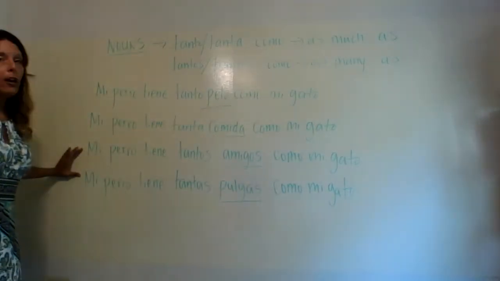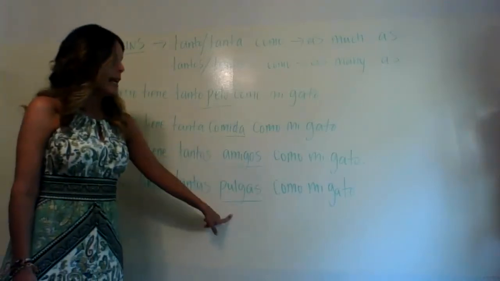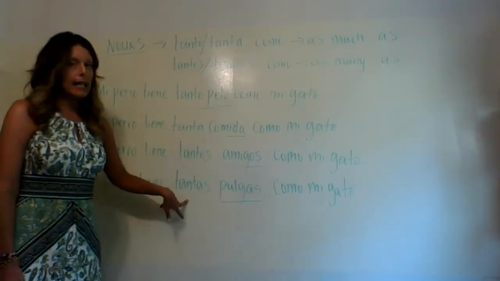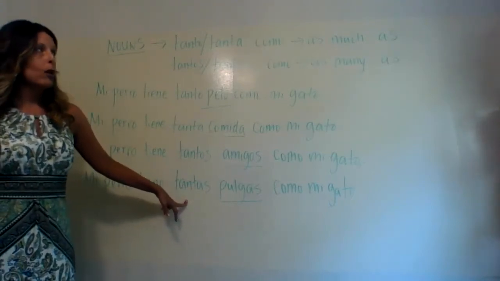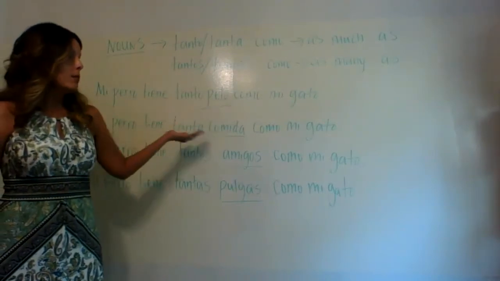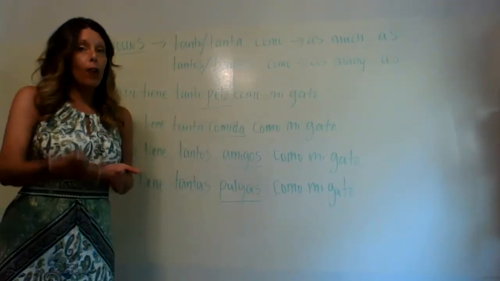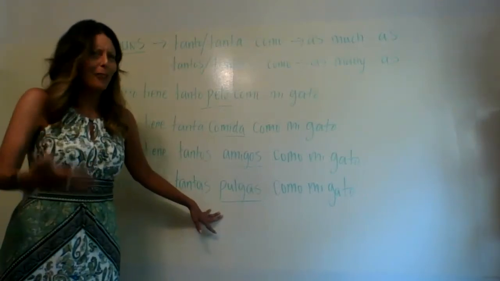Then I went down here and pluralized our noun, so amigos and pulgas, so that you can see tantos and tantas in action. And we know that in their plural forms, it doesn't mean as much as, like as much hair or as much food. Now it's going to mean as many friends, or in this last weird one, as many fleas.